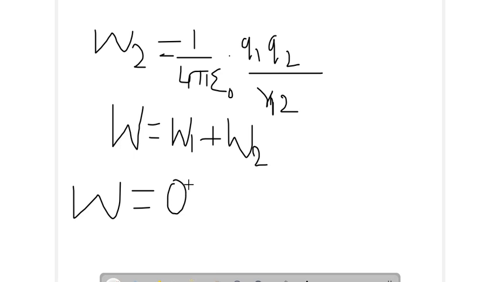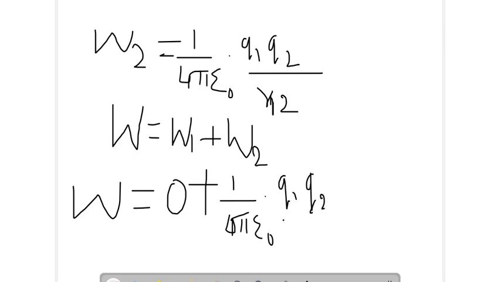And W2 is there on the board: 1 by 4 pi epsilon naught into Q1 into Q2 divided by R12. This is R12.